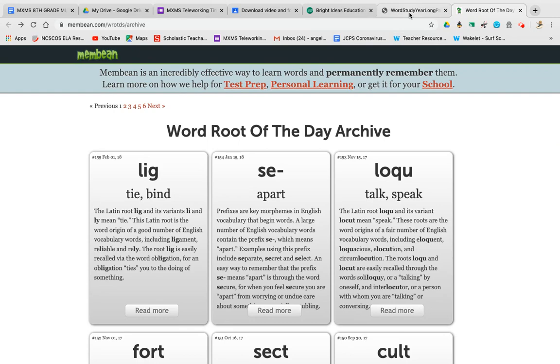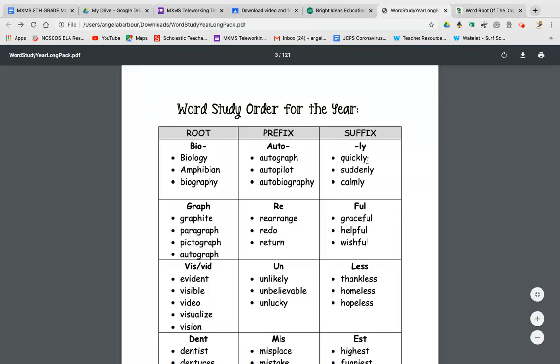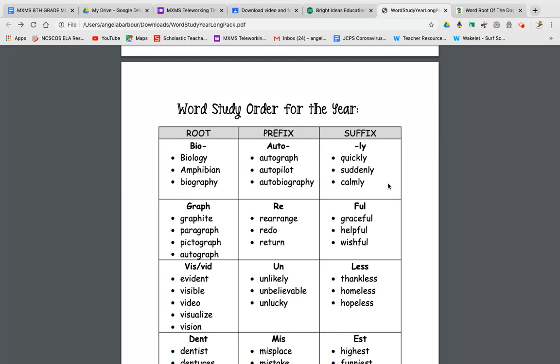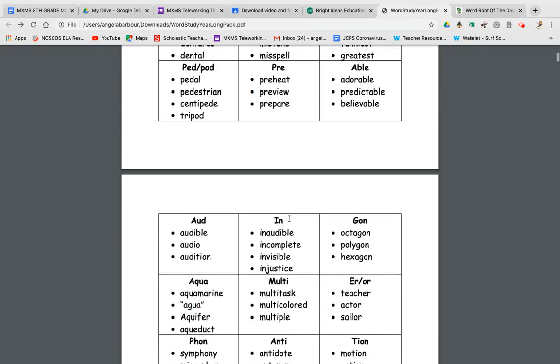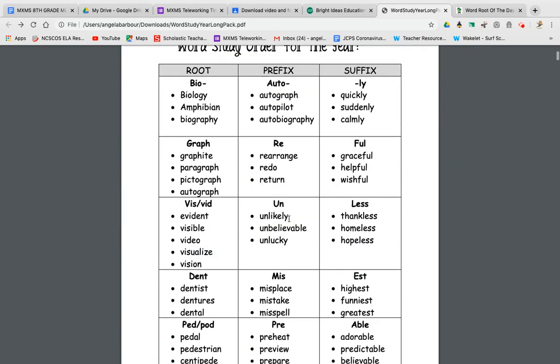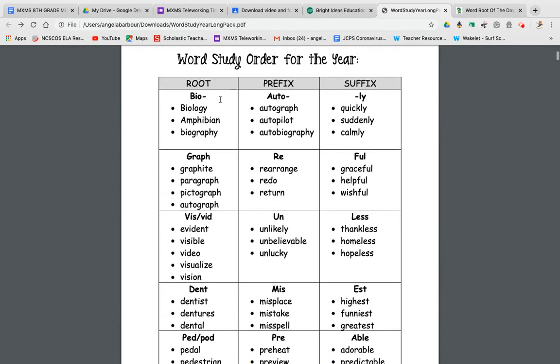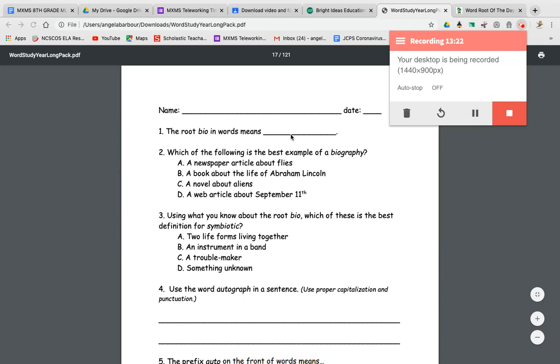So anyway, going back to other resources that Ms. Barber is going to share with you on Google Classroom to help you with some of the activities that you're going to be responsible for this week with practicing word study, I have an entire plethora of information regarding this.